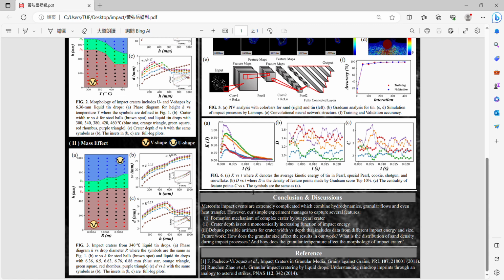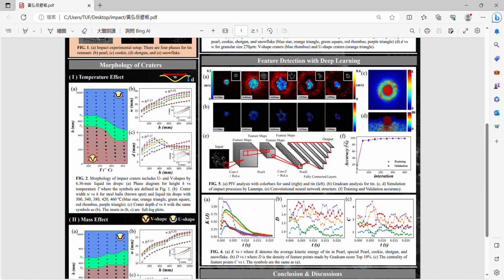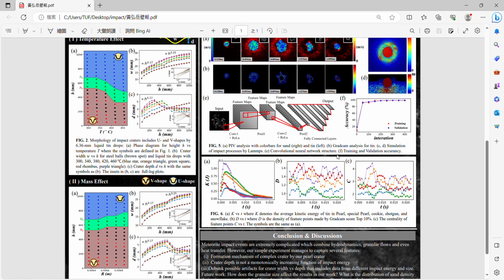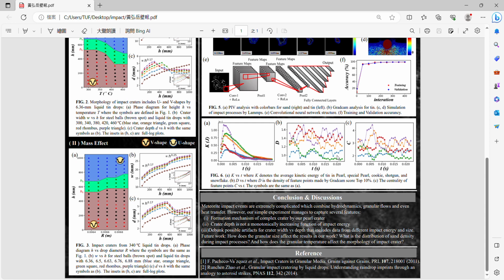We also use many techniques to help us find some detailed information, but due to time, we will not introduce them now. If you are interested in this, you can come to the physics department and ask me. Okay. We investigate the dynamics of mutating projectile impact on granular media and modify its morphology and that of the crater.